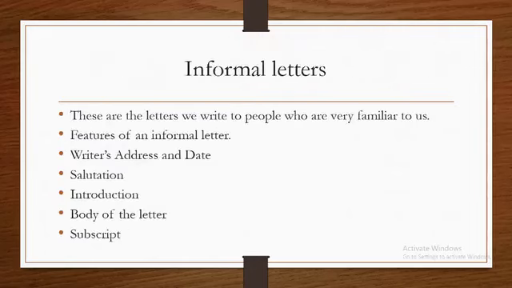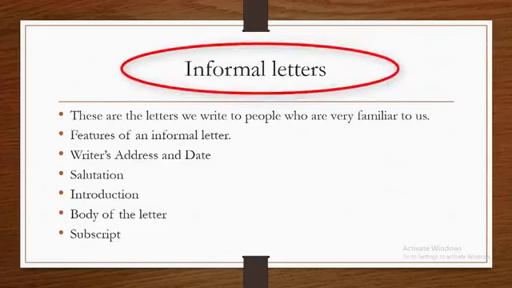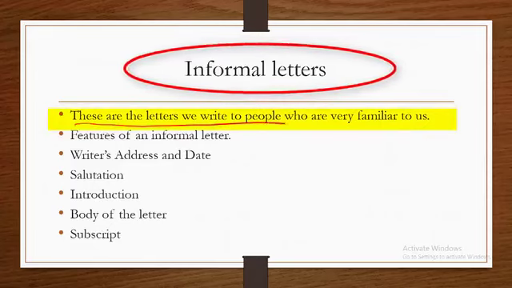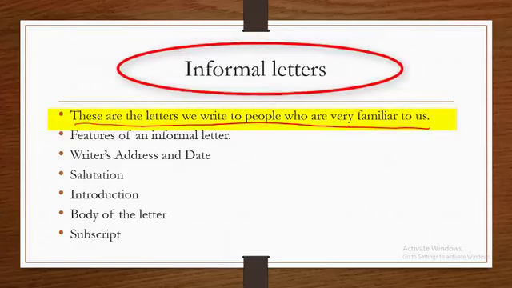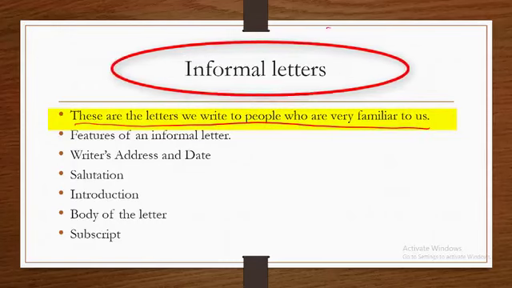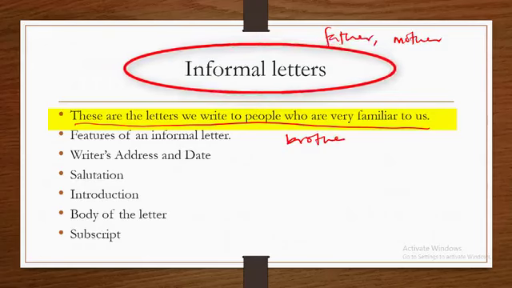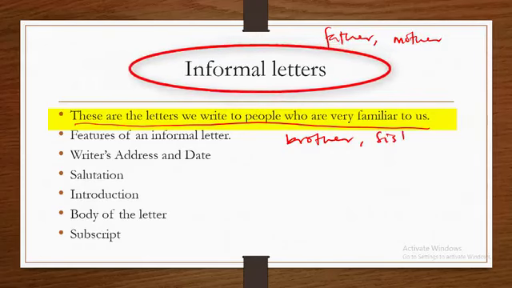Then we also have what we call informal letters. Now, in the case of informal letters, these are letters we write to people who are familiar to us. That is, people ranging from your father, it could be your mother, it could be your brother, it could be your sister, it could be your uncle, okay?